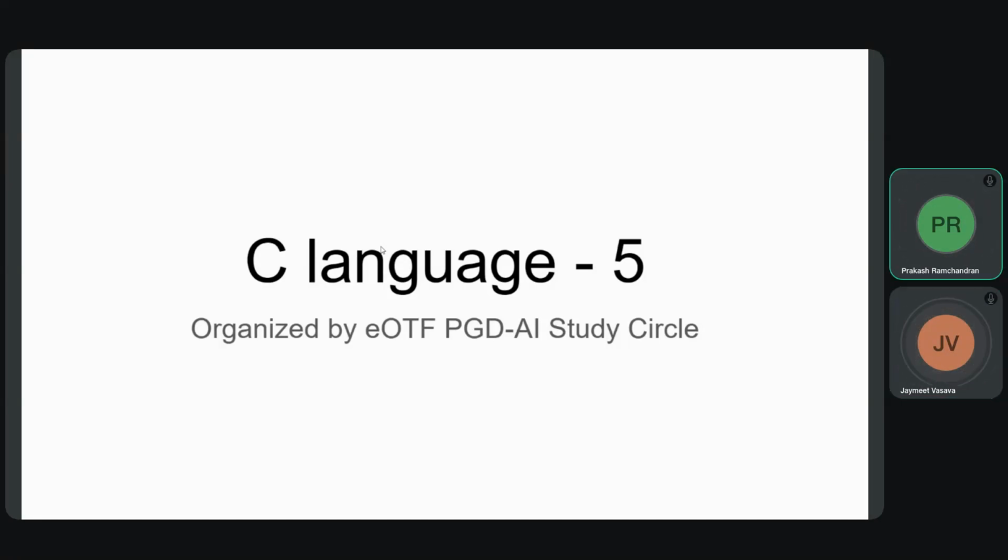And this study circle started with AI ML, and continues on that track to get you ready. So welcome, Jamid, for this C language session 5 for the PGD AI.